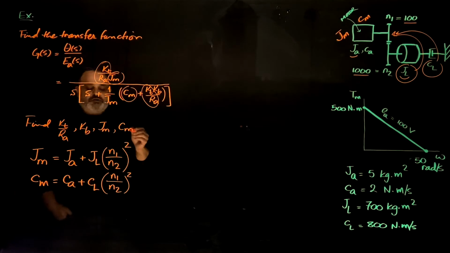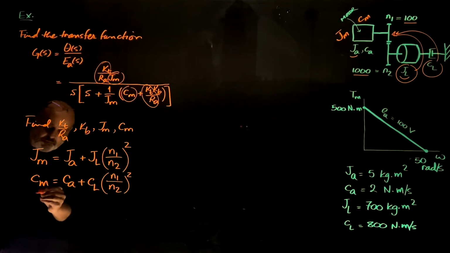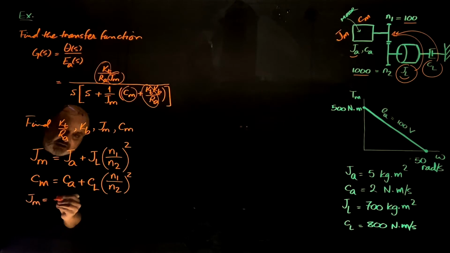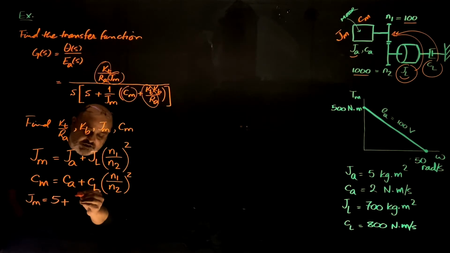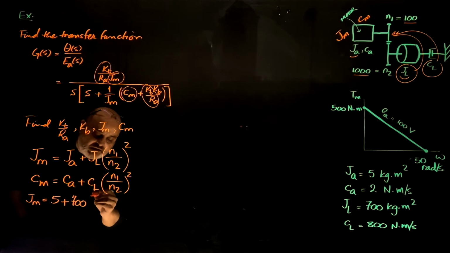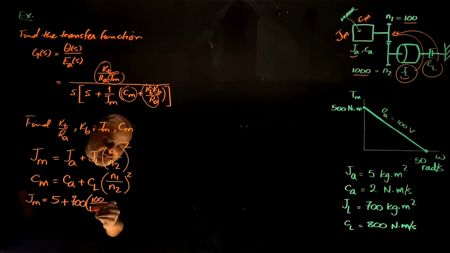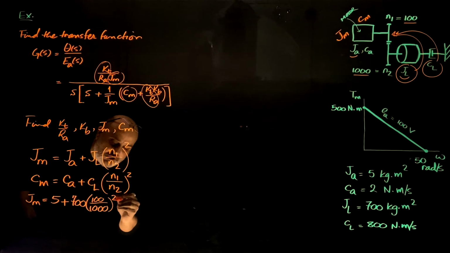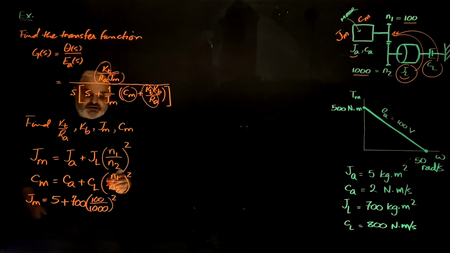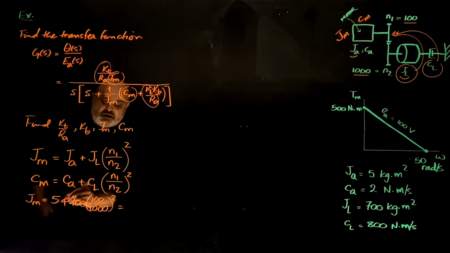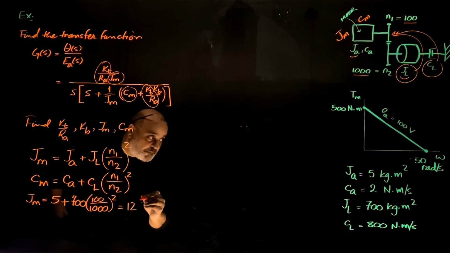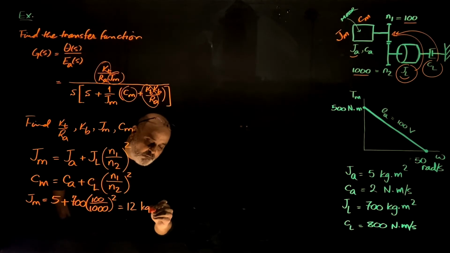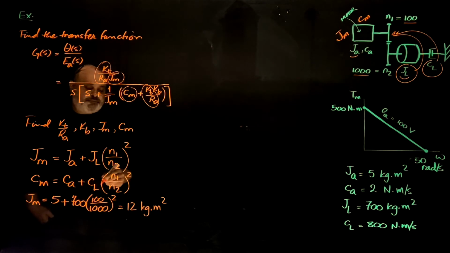So substituting, Jm becomes Ja is 5 plus JL is 700 times 100 divided by 1000 squared, and that makes it 12 kilogram meter squared.